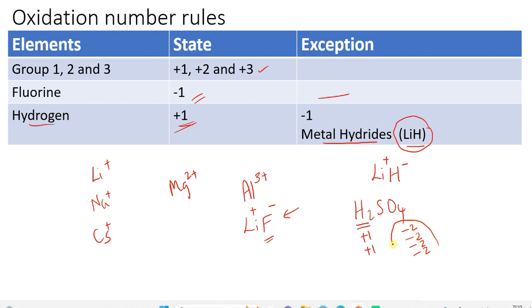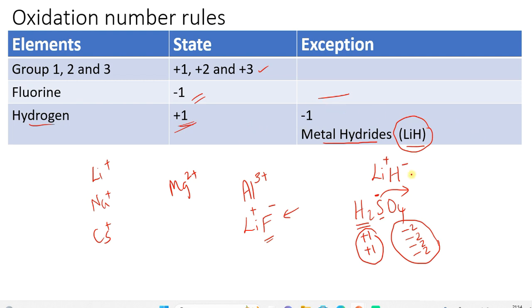This allows us to find the oxidation state of something that we're not familiar with, like sulfur, which can sometimes vary. These others are kind of set, so we start off with these as our priority, and then we work out the oxidation state of sulfur. Let me just finish that example here.